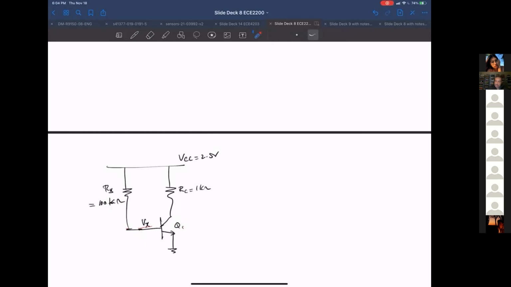So it's this iterative way of how this works. We're saying if this was at the right voltage, this would have a certain current, and that current would give me a certain current here, and it would put this at the right voltage. Okay, so let's see how that works.